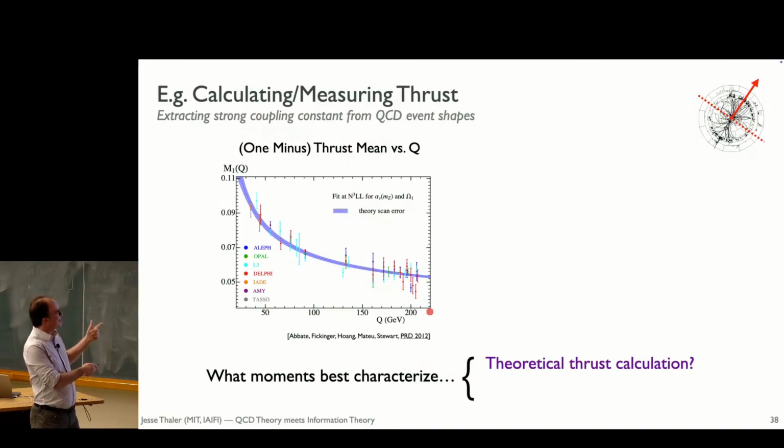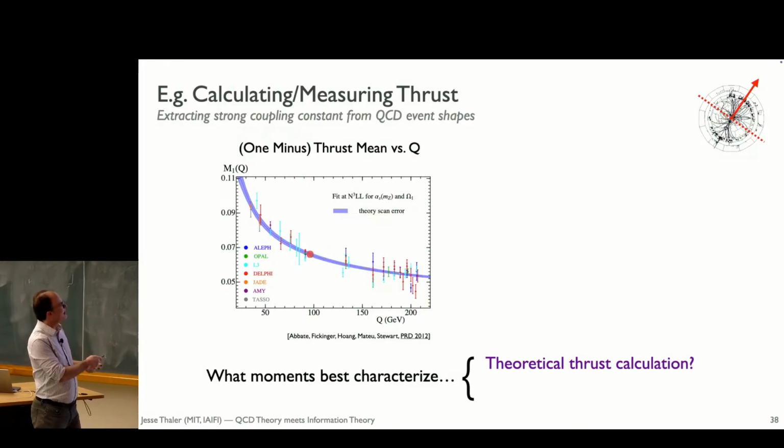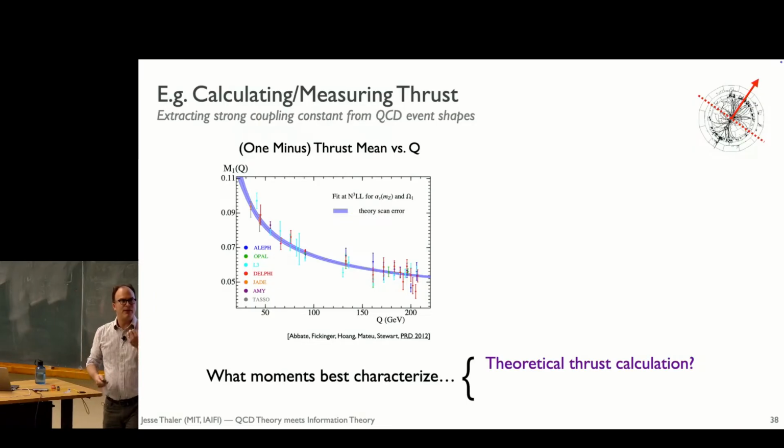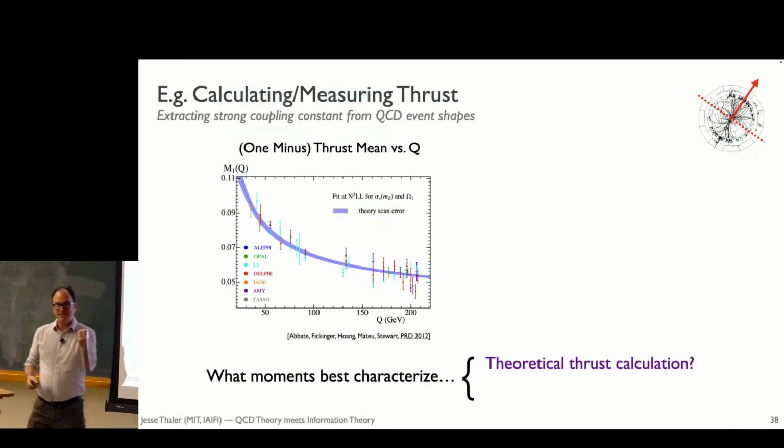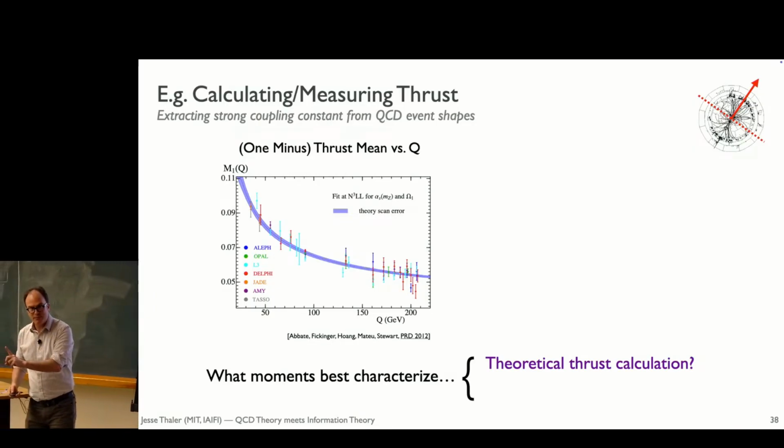This is a next-to-next-to-next-to-next-to-next-to-next-to-leading logarithmic calculation in the strong coupling constant, where what they're computing is the mean value of thrust. So that's a first moment, the mean value of thrust. And they would say that the mean value of thrust is a good way of characterizing the theoretical thrust calculation. Their theoretical thrust calculation is best summarized by taking its mean.